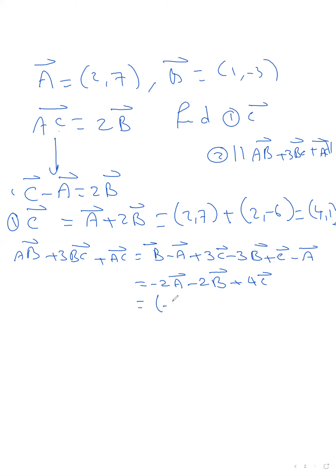Negative 2A is negative 4 and negative 14, minus 2B is negative 2 and positive 6, plus 4C is 16 and 4. Find their sum: negative 4 plus negative 2 is negative 6, plus 16 is 10.